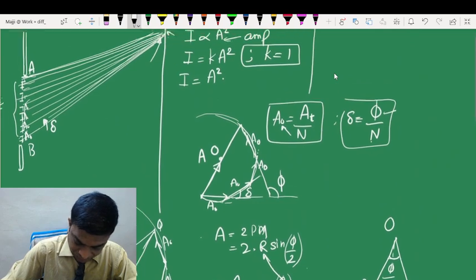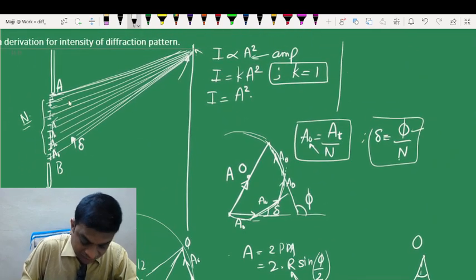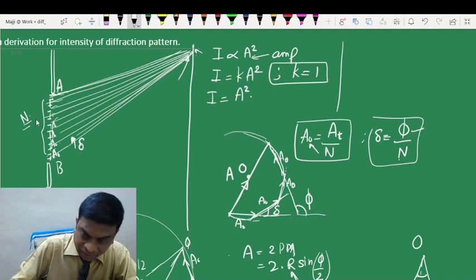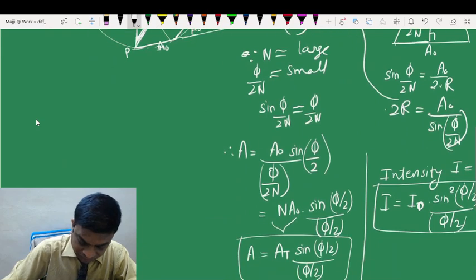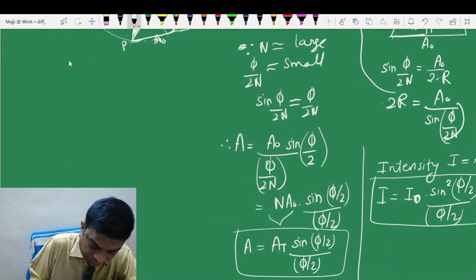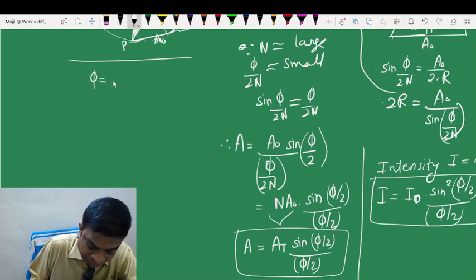Again, I'll repeat, phi is the phase difference between the extreme waves. We have already calculated this in the previous videos, that phi is path difference by lambda into 2 pi. What is the path difference?